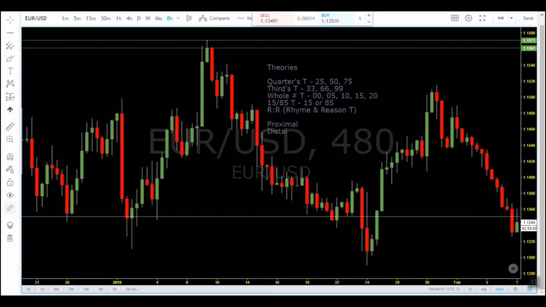Well, I noticed when I made it 61, it fell right at the top of the body of that candle. So I have rhyme: 71 and 61 rhyme because they both end in 1. And the reason why this is reasonable or acceptable is because they also are within a range of 10. 10 is a whole number. Please, please, please keep in mind, you guys are looking for these zones. Institutions are basically hiding codes in the charts.